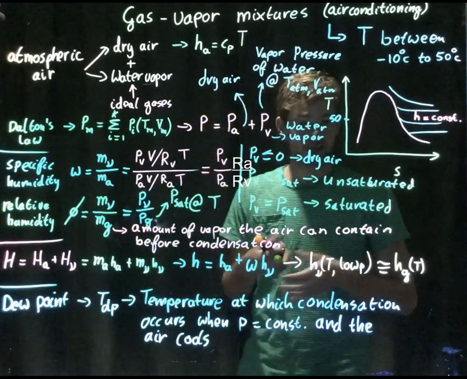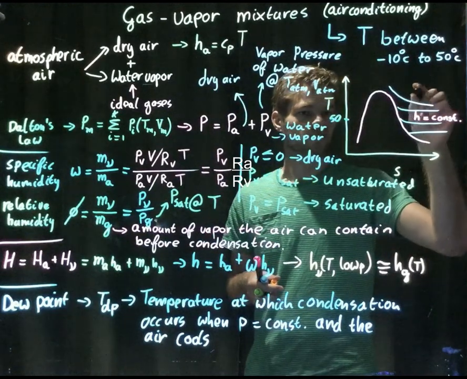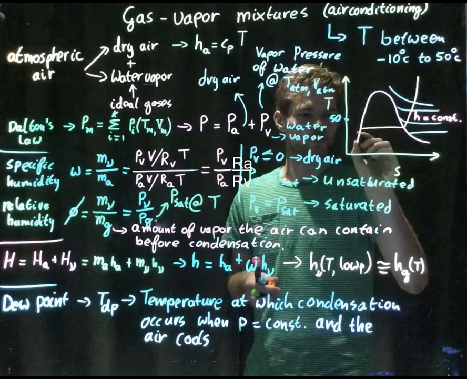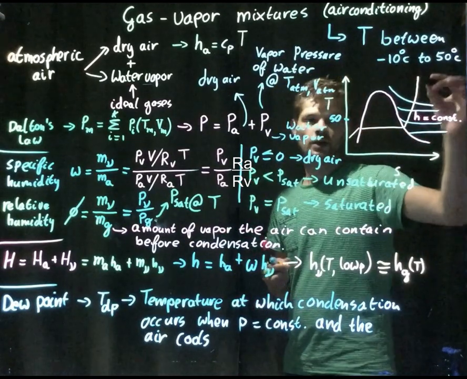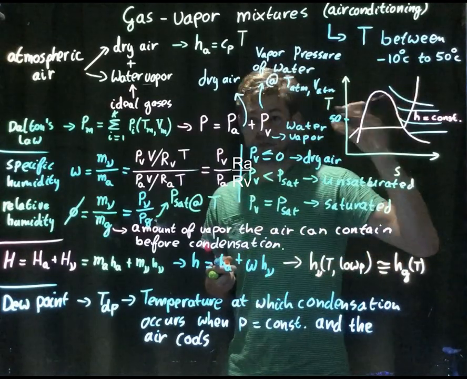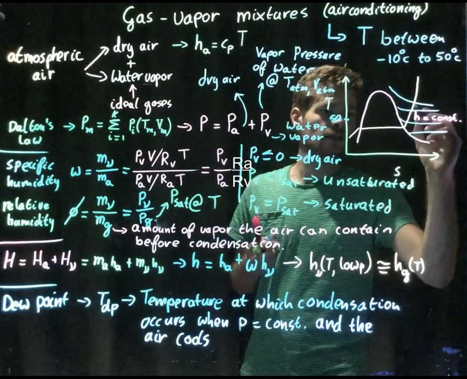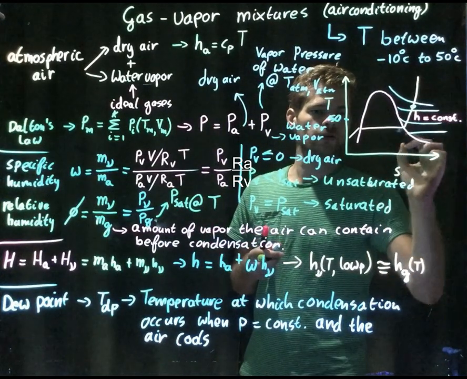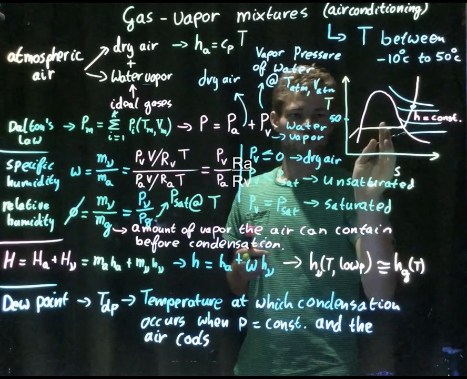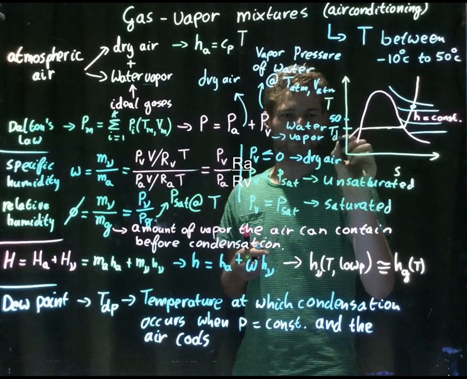So let's see how this looks in the diagram. I'm at a certain pressure, so here we've got an isobar, and we're going to cool the air, so we're going to drop in temperature. Then over here, this temperature at which water condenses is my dew point, T dew point.